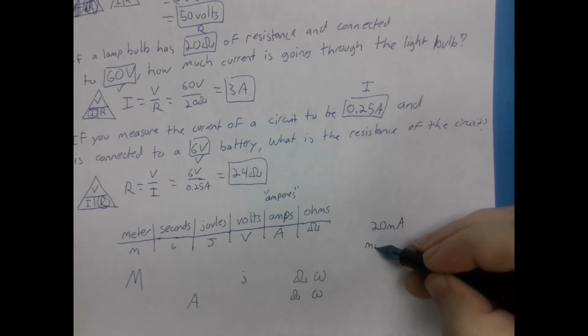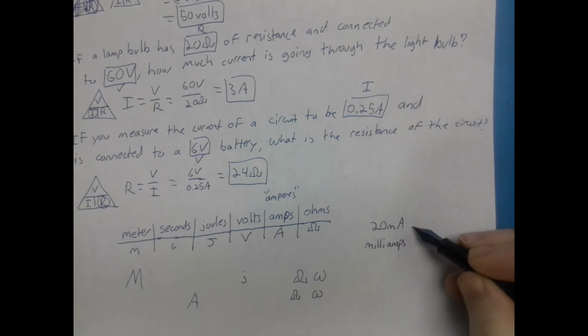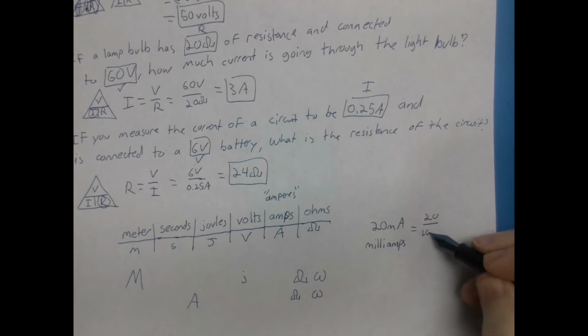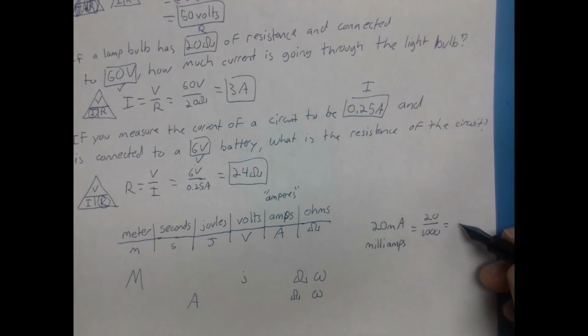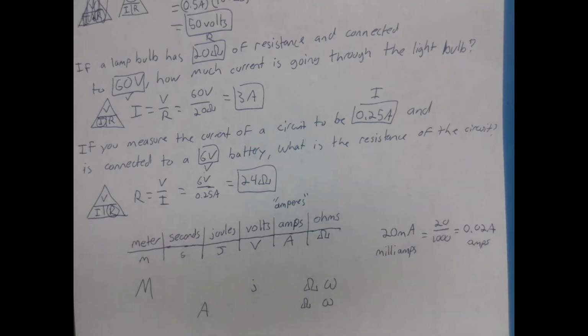So this would be milliamps. And to convert into amps, you just divide by 1,000. So this would be 0.02 amps. I don't have any of the problems on homework needing that conversion.